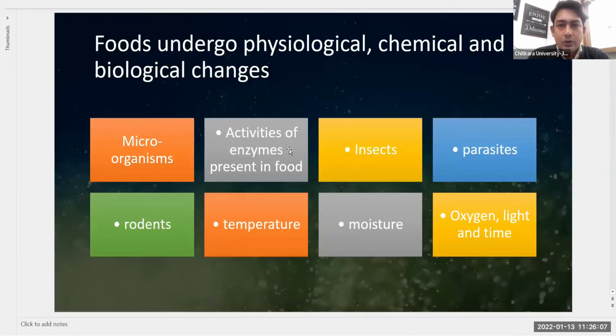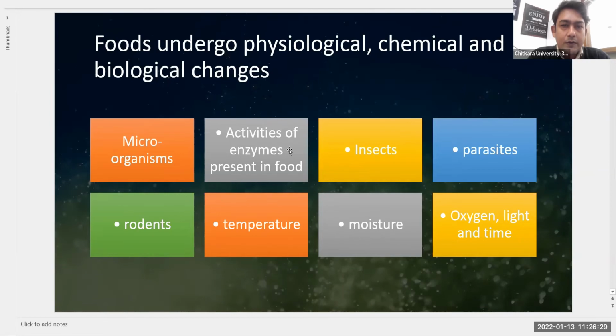So food undergoes physiological, chemical and biological changes. Okay, that is a definite thing. Whatever food product we are using, whether it is cooked or uncooked, they all go through some kind of physiological changes, chemical changes and biological changes.